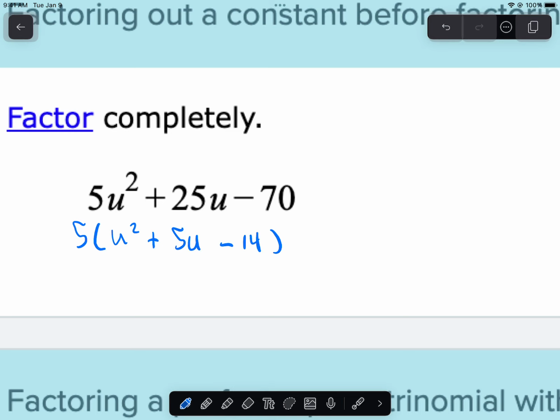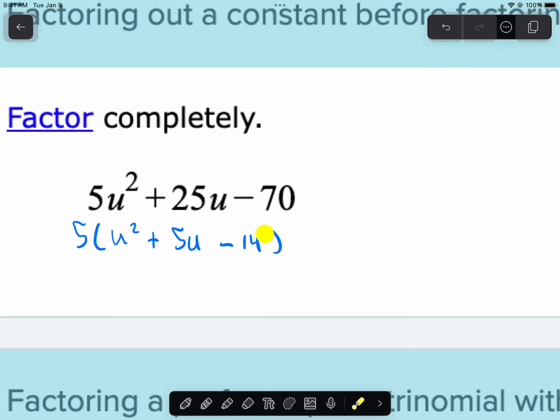Here is the kicker. Everybody look. Do you see how this right here says factor completely? When it says factor completely, that means that you might have to break this apart one more time. Now, sometimes this part is what's called prime.